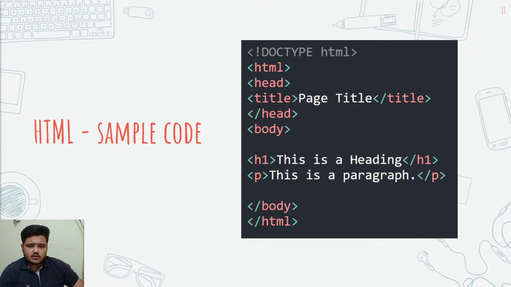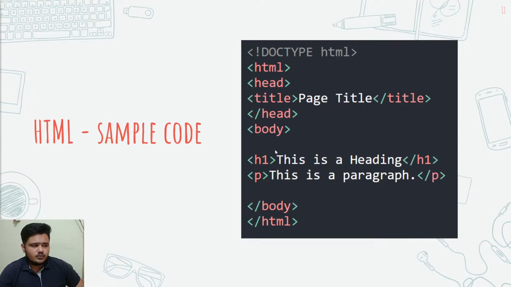Then there is a body tag, which defines the document's body and is a container for all the visible content such as headings, paragraphs, images, etc., all the elements. So anything that we want to show or display on our web page, we have to put that data into the body tag.